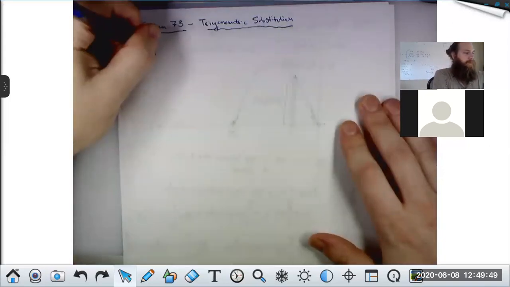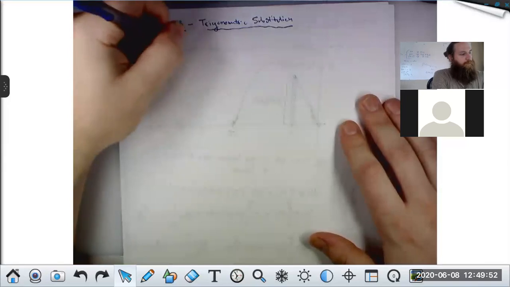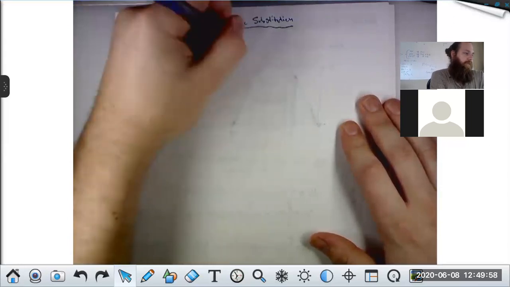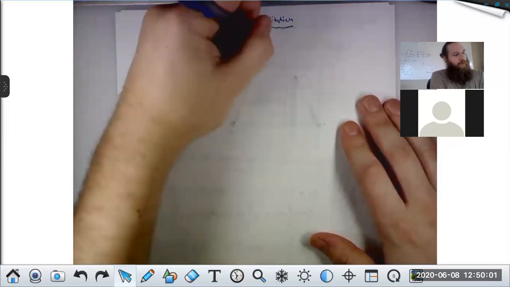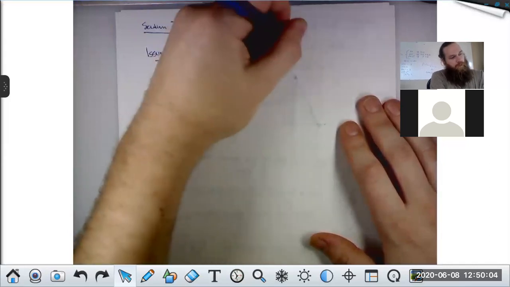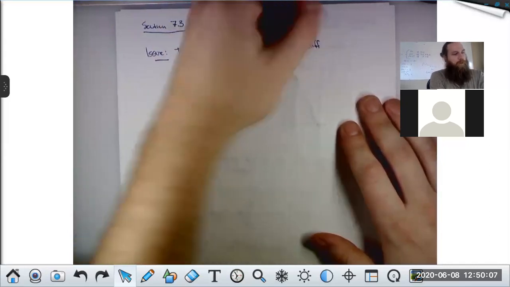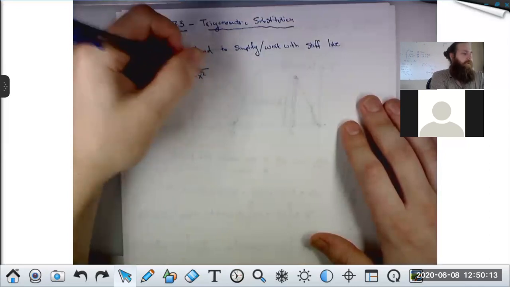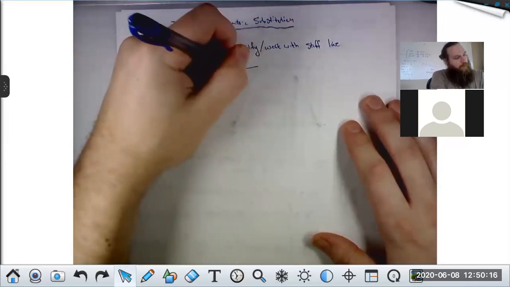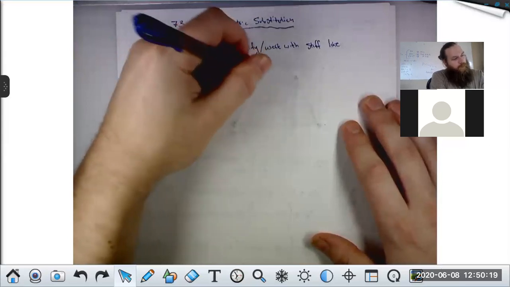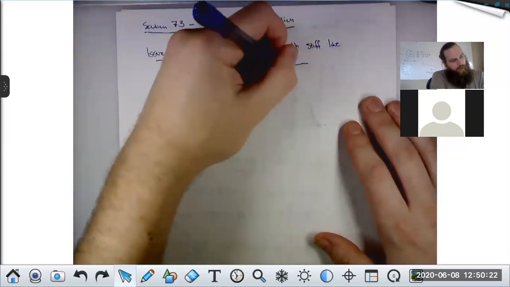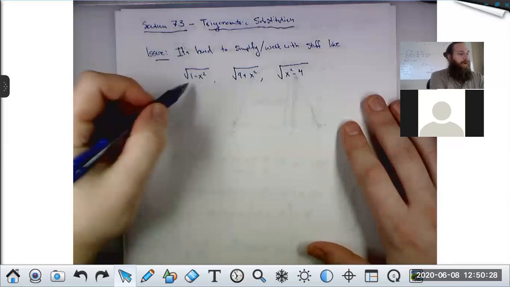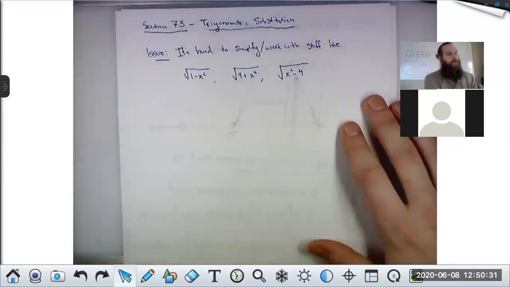It's hard to simplify or work with stuff like the square root of 1 minus x squared, or the square root of 9 plus x squared, or the square root of x squared minus 4. These are not equal to 1 minus x, 3 plus x, or x minus 2, respectively.